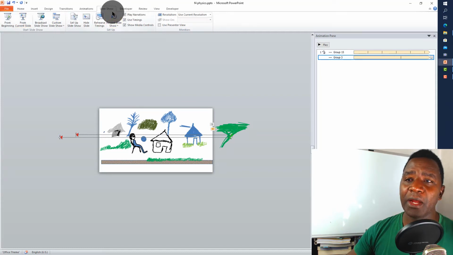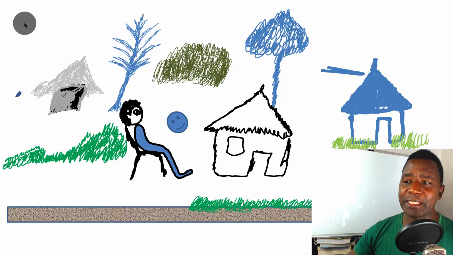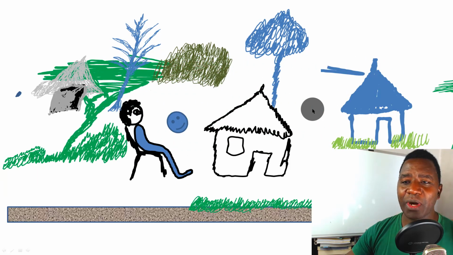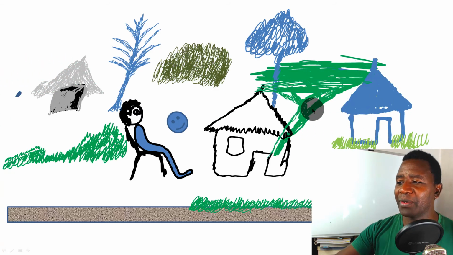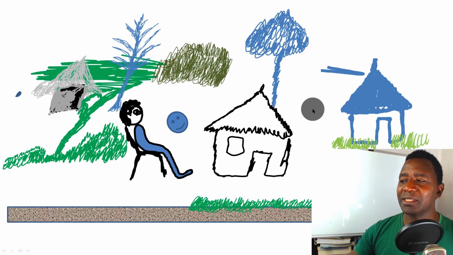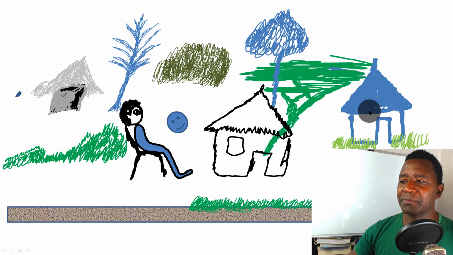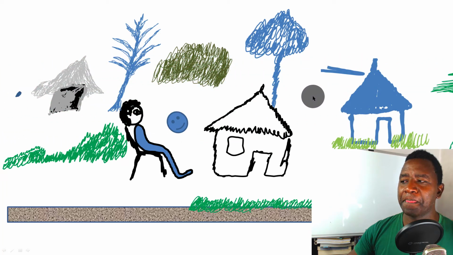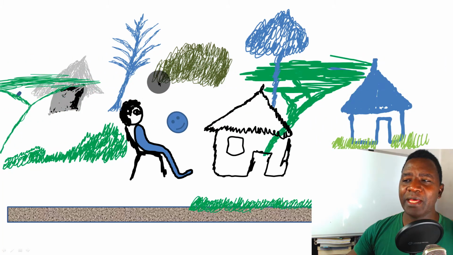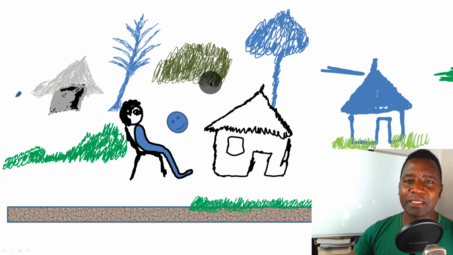So let me go to slideshow, current slide, and click play. There you have the tree moving very fast, and the one which is a little bit far is moving much more slowly. You can see that over there. That tree is moving much more slowly than the one which is near us.